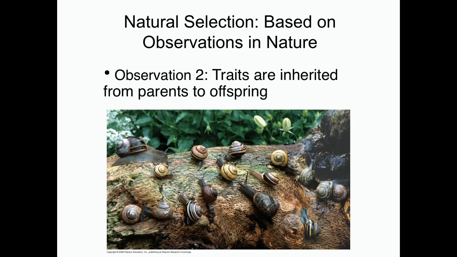He also reasoned that this variation could be passed on from parent to offspring, so those traits are inherited. So a snail with a light-colored shell would most likely have offspring with light-colored shells, whereas a snail with a large shell would often have offspring that had large shells. So traits varied, traits could be inherited.